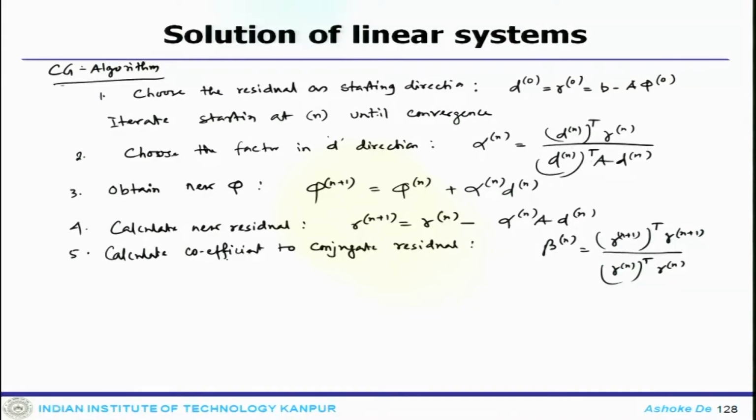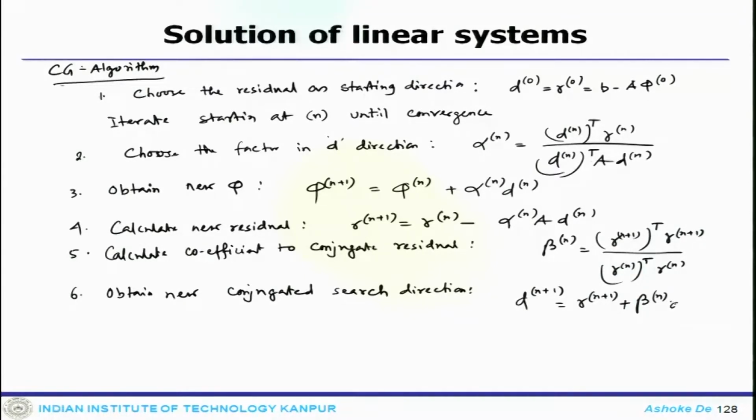So, that is how you calculate the coefficient to conjugate the residual, and then you finally obtain the new conjugated search direction like d n plus 1 equals R n plus 1 plus beta n d n.